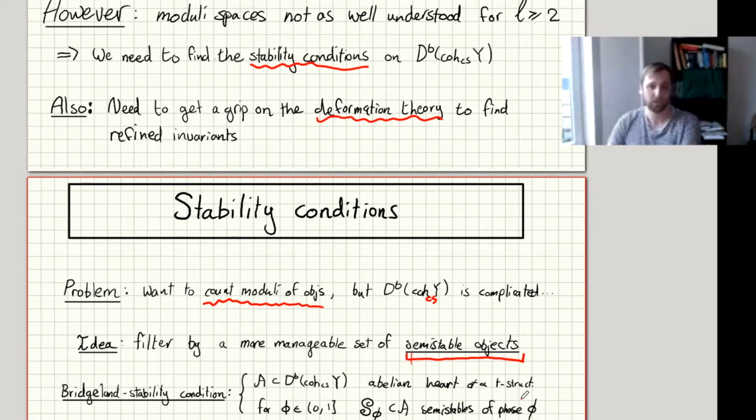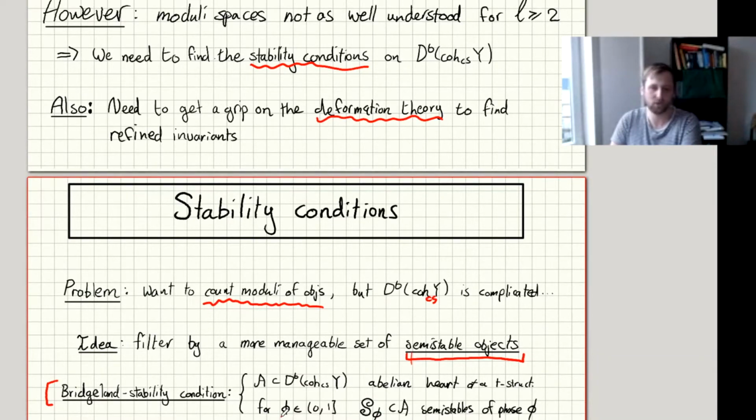Right. So I'm going to use Bridgeland stability conditions for this, which more or less come down to choosing an abelian category inside your derived category, so the heart of a t-structure, and then an ordered set of semistable objects.